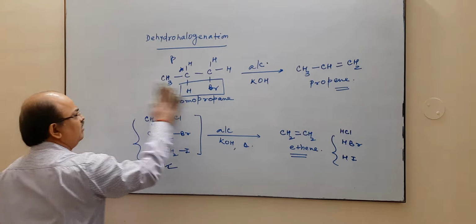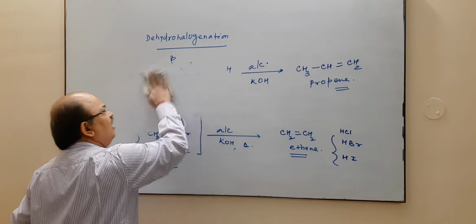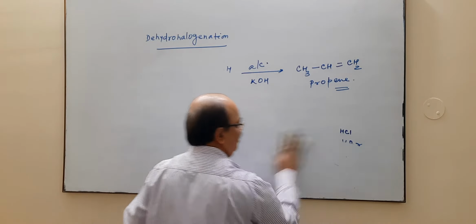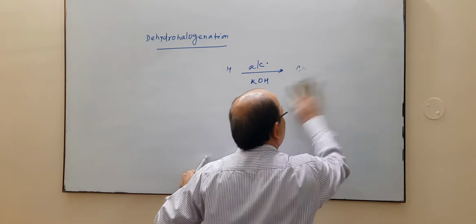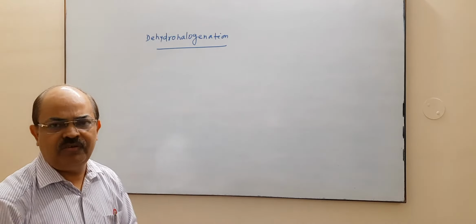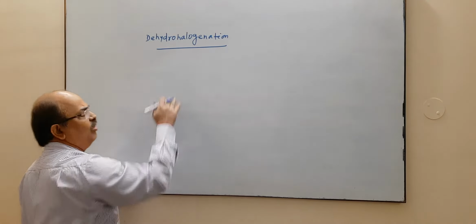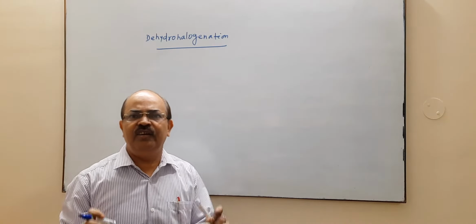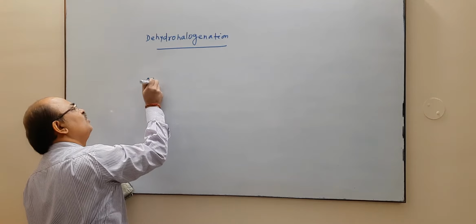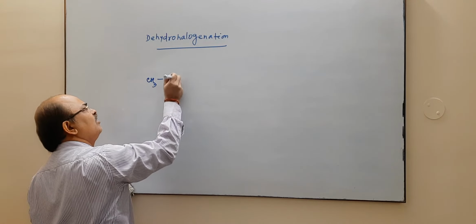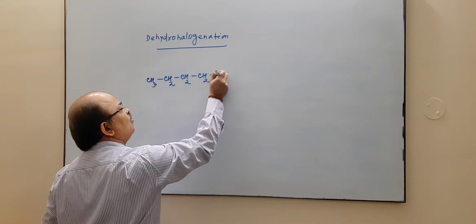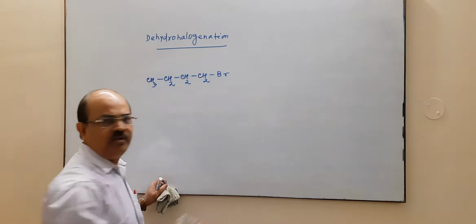Now let us suppose we have a haloalkane, or you can say alkyl halide, of this type. For example, CH3CH2CH2CH2Br.